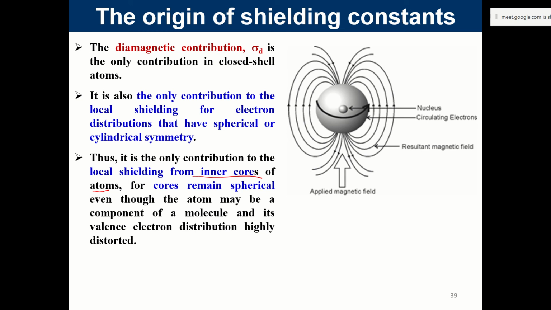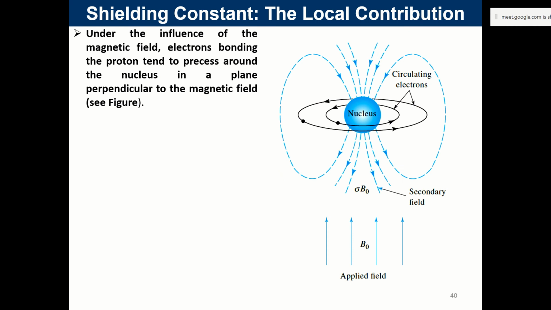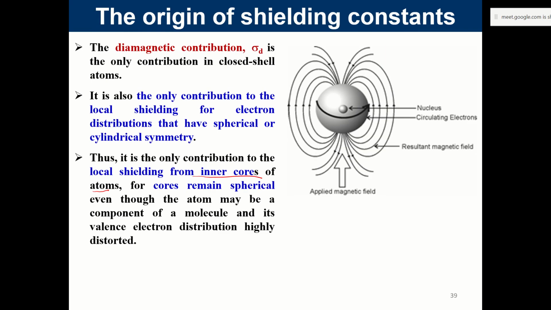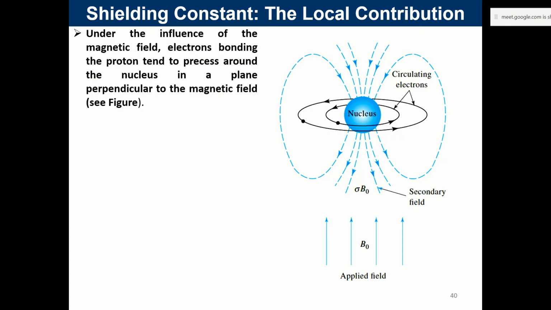The inner core, which is completely filled, will be a perfect spherical distribution. In a molecule the valence electron distribution can be distorted, but the inner core will always be spherical.